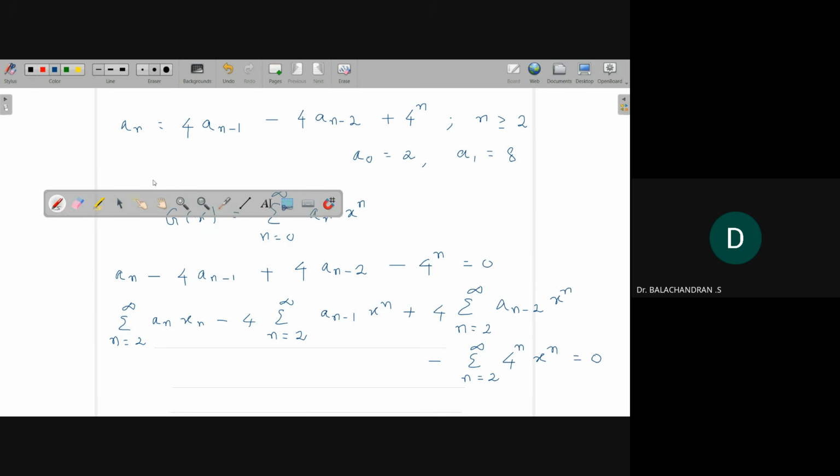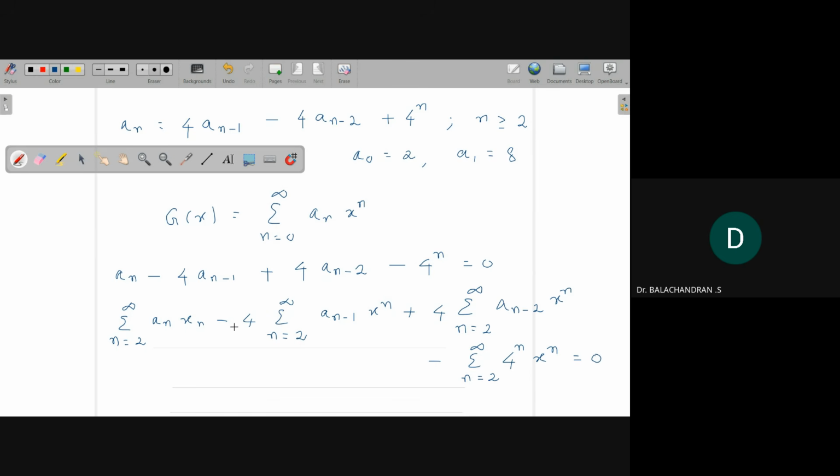So now next what you need to do here, this is x power n, x power n. So here this power n should be the same. But here we have n, here n minus 1, here n and n minus 2.